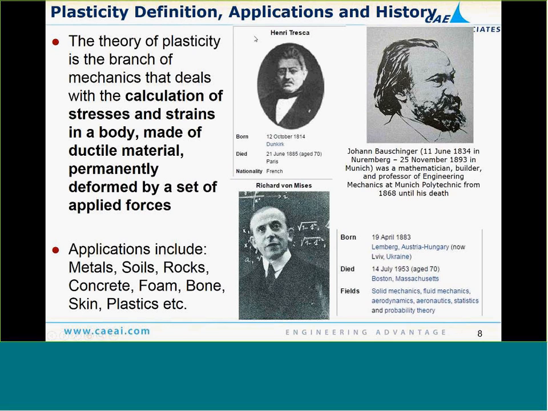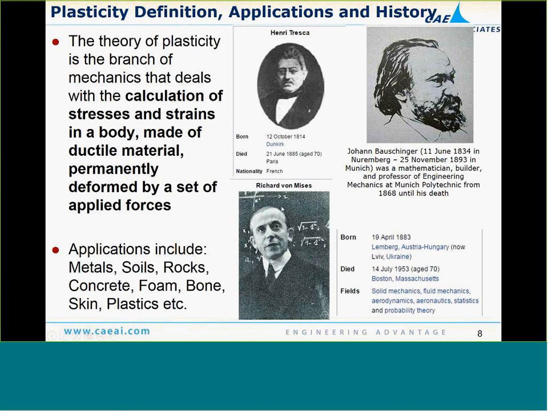He was really the one that invented the first yield surface, the shear-induced permanent set. And then Bauschinger came along a little later. His claim to fame was how the yield surface actually moves during a cyclic-type loading event.